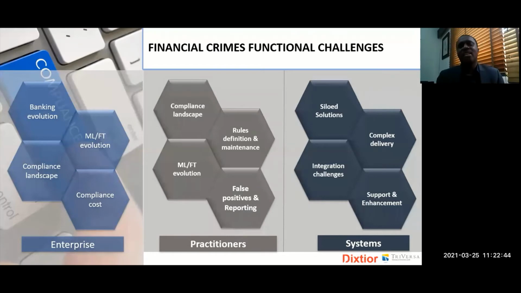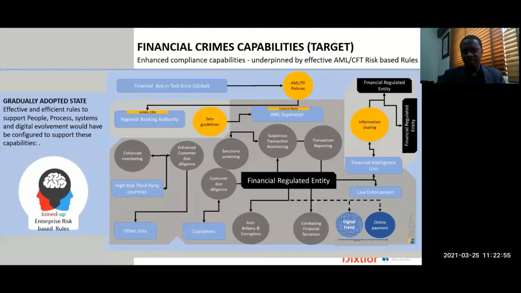So all these things really call into question how we are currently doing things and how we improve going forward. The target for us is to have an integrated system, covering processes, human activity, and technology, both at the internal level and at the external engagement with regulatory bodies and other regulated entities.